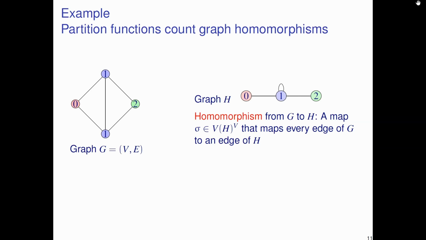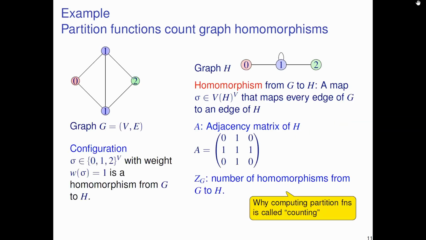And then I've drawn a map from the vertices of G to the vertices of H by coloring them 0, 1, or 2. And this map that I drew you is a homomorphism because if you look at any edge here, like the edge between 1 and 2, it is actually an edge over here. For example, if I took that top 1 and I colored it 2, it wouldn't be a homomorphism because green, green isn't an edge. Okay.